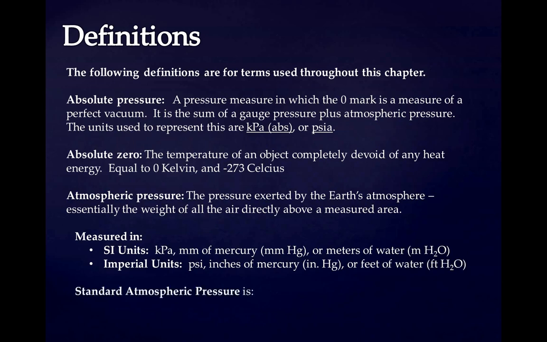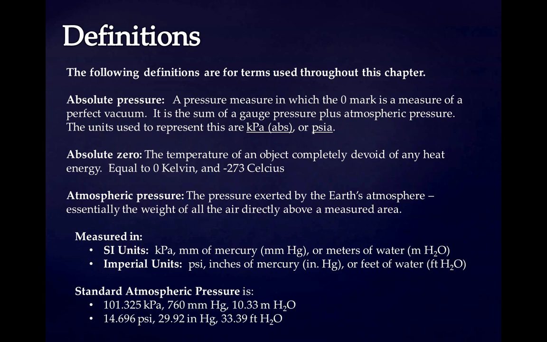The standard atmospheric pressure is 101.325 kilopascals, 760 millimeters mercury, and 10.33 meters of water. In imperial units, it's 14.696 psi, 29.92 inches of mercury, and 33.39 feet of water.